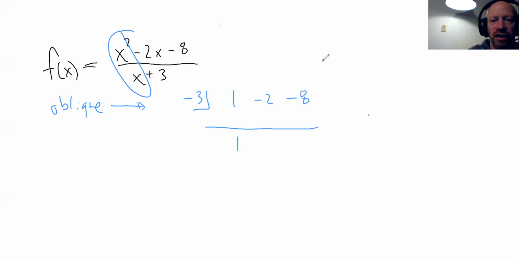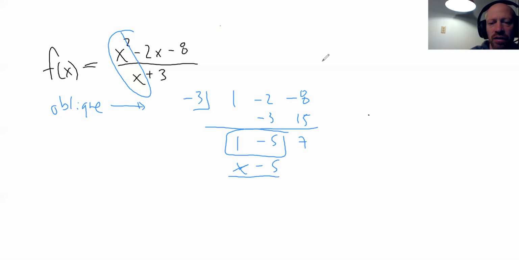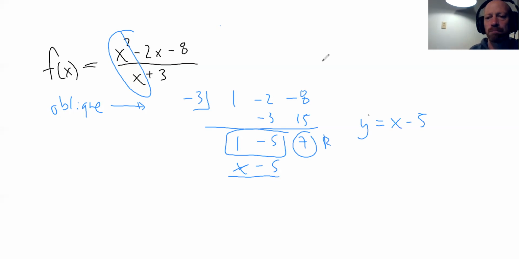When we do our synthetic division here, we add those together and multiply those, and add those together. This tells us that x minus 5 is my quotient. 7 is my remainder. So we know that my oblique asymptote is y equals x minus 5. So I don't have a horizontal asymptote, I have an oblique or a slant asymptote.